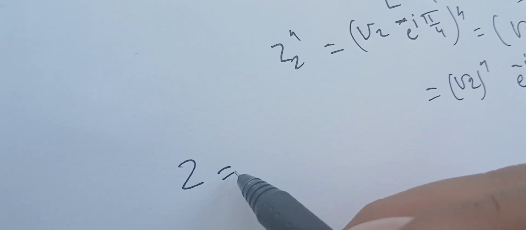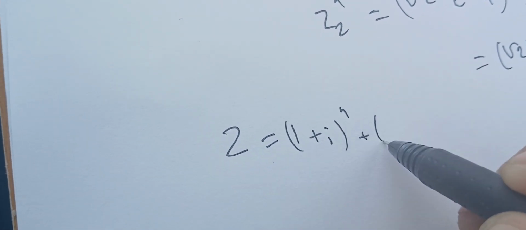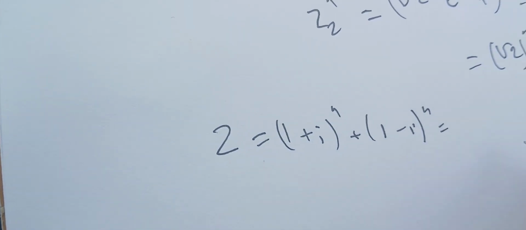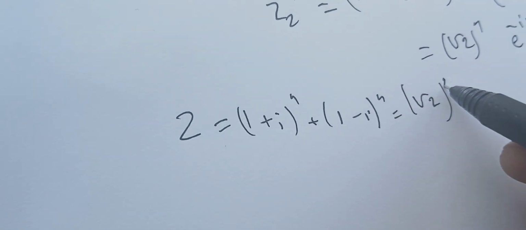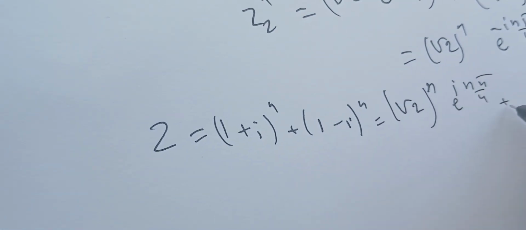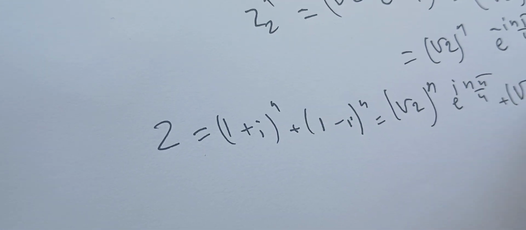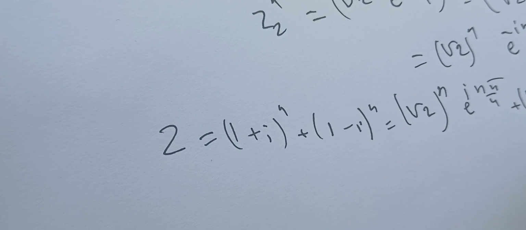Now we have Z equals (1 + i)^n + (1 - i)^n, which is square root of 2 to the power n e to the i n pi over 4 plus square root of 2 to the power n e to the minus i n pi over 4.